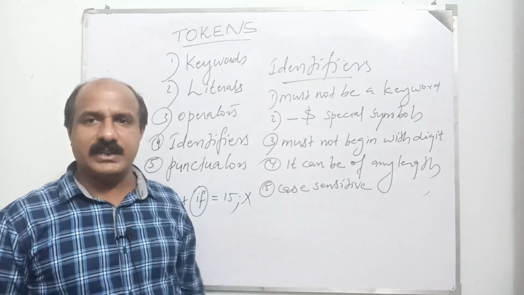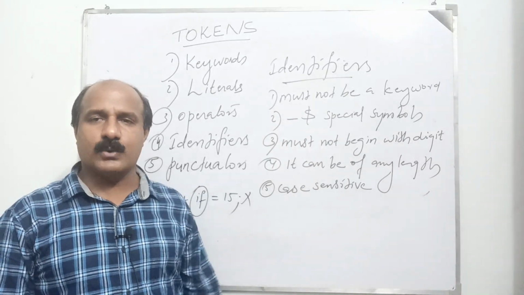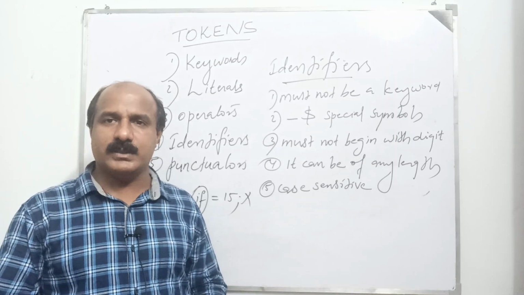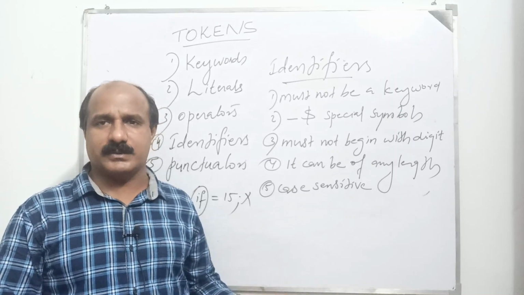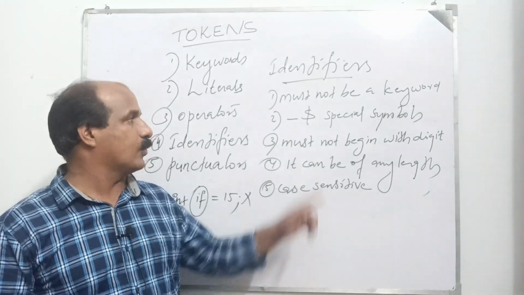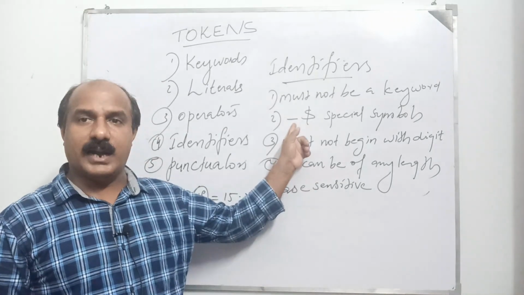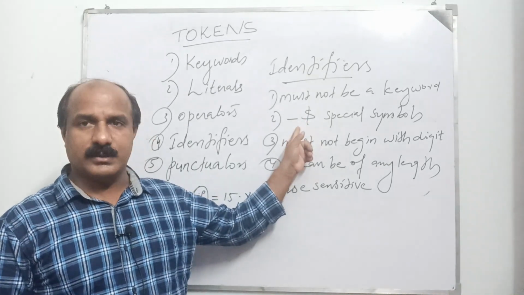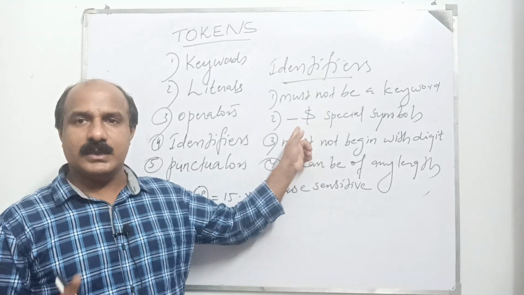Second, regarding special symbols, there are only two special symbols that you can use. You can see on the keyboard there are many special symbols, but you are allowed to use only two in an identifier name. One is underscore, the second one is dollar symbol. This is underscore, it's not a hyphen.